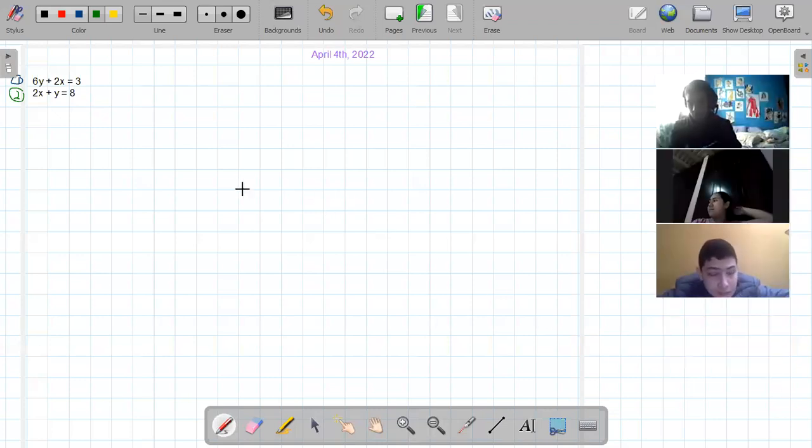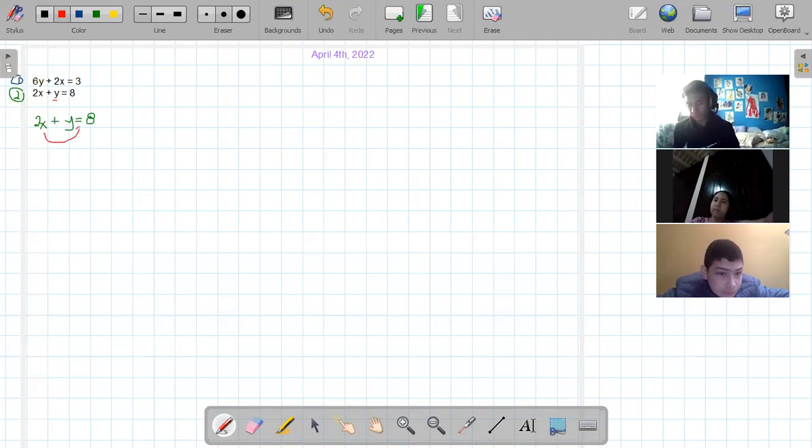So we have 6y plus 2x equals 3. Not that easy, right? And then we have 2x plus y equals 8. I can leave the y in equation 2 alone more easily, so I'm going to do that. I'm going to leave this y alone and positive on one side. It is easier because it's already positive and completely alone.